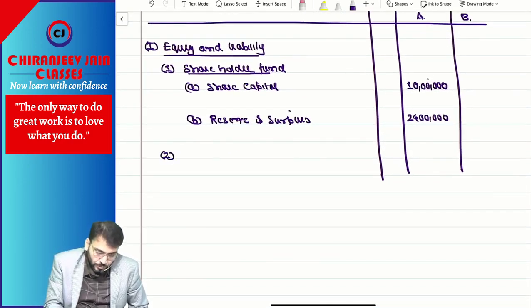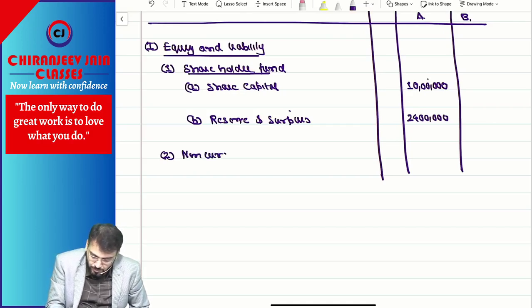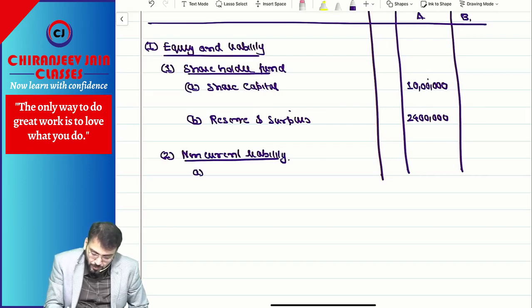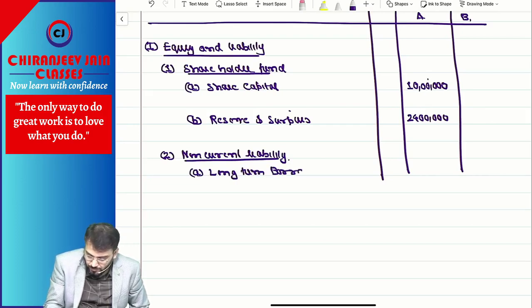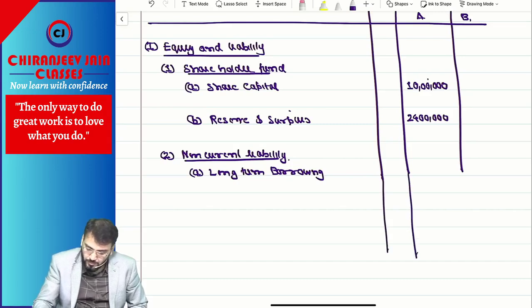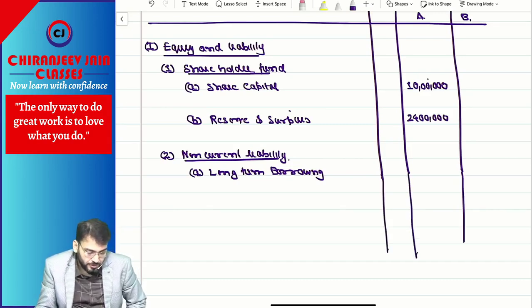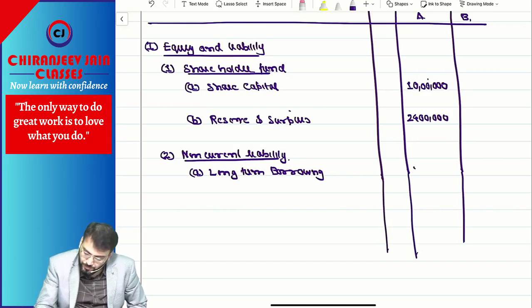Then point number 2, we write down non-current liabilities. We have a loan, write down long-term borrowings. Can you give me? It is 3 lakh plus 4 lakh.